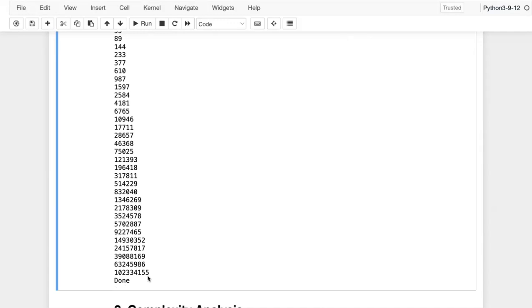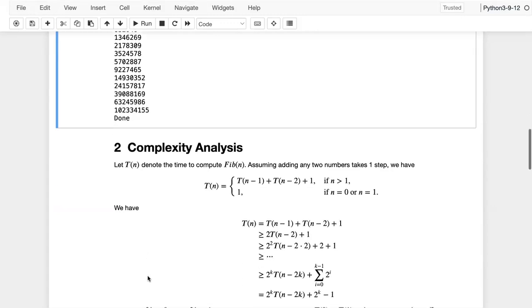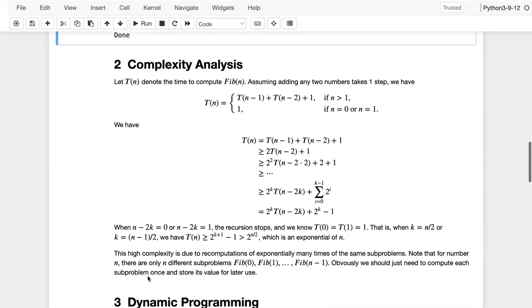So now use the tabular method. First let's just look at why it ends up at exponentially many steps to compute fib of n. According to the recurrence relation, we let T of n denote the time to compute fib of n.